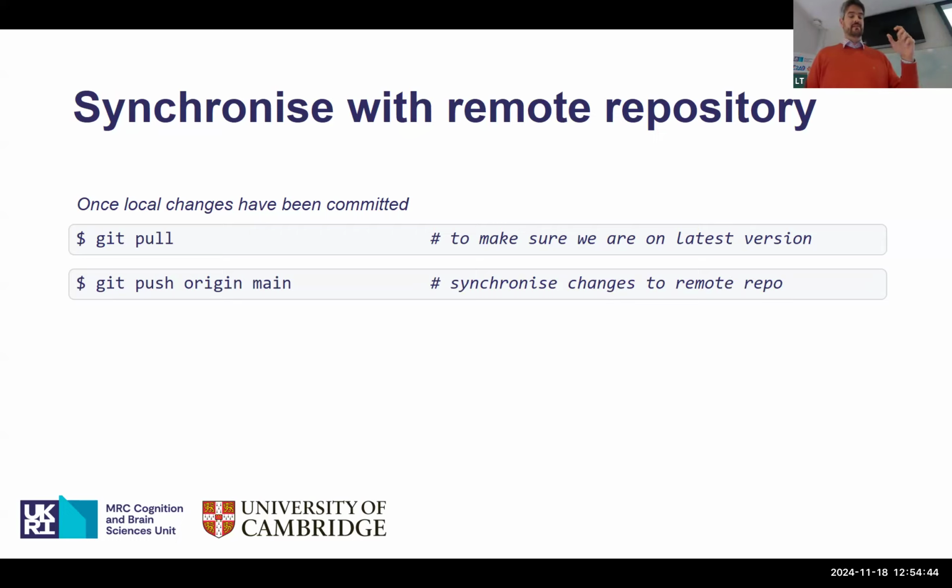Origin main just says that I'm pushing to the origin, which I called origin, the remote repository, the main branch of my work.